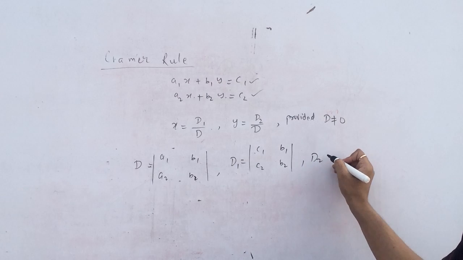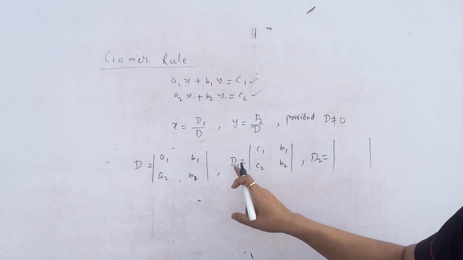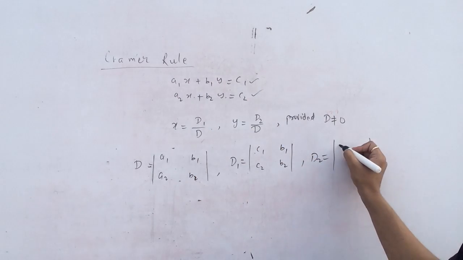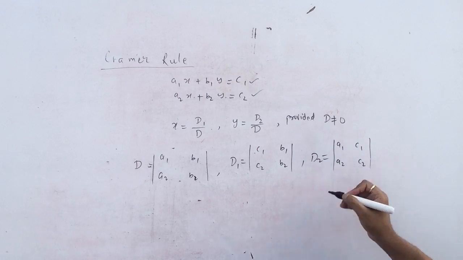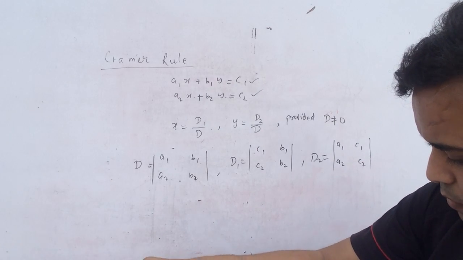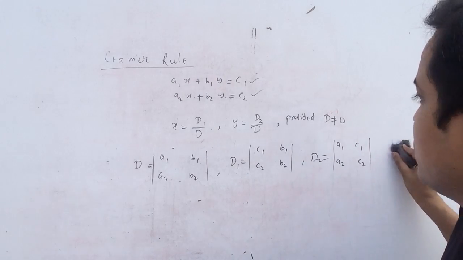And d2: in place of b1 b2 write c1 c2, these are the constants, with a1 a2. Alright, so provided d should not be equal to 0.